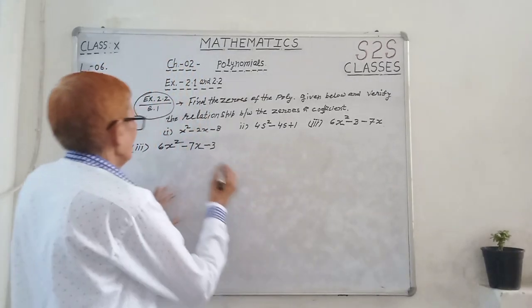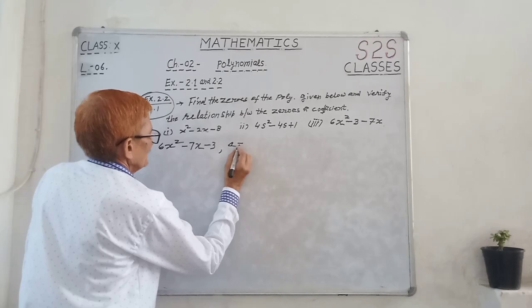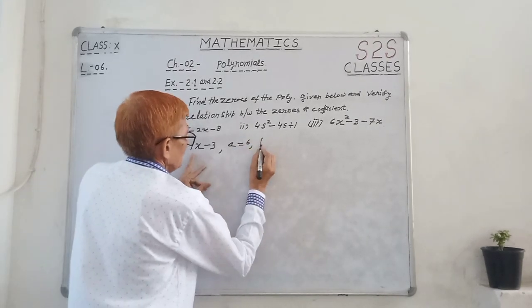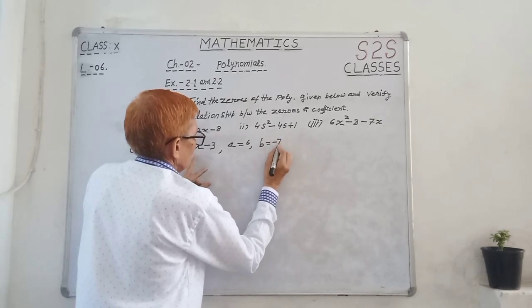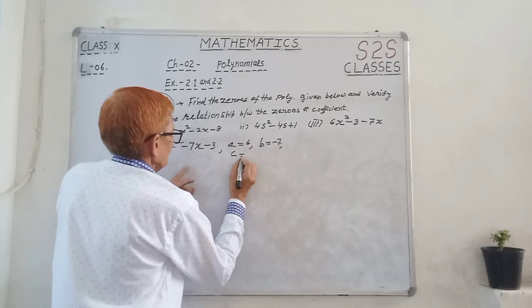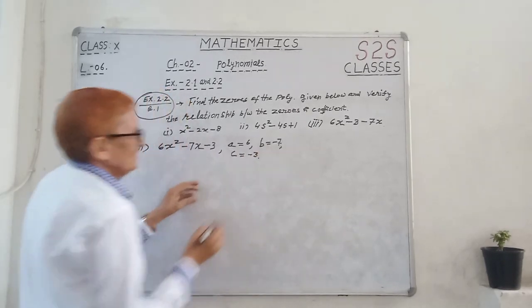So what is a here? A is 6. What is b? B is minus 7. What is c? C is minus 3. Okay, clear?